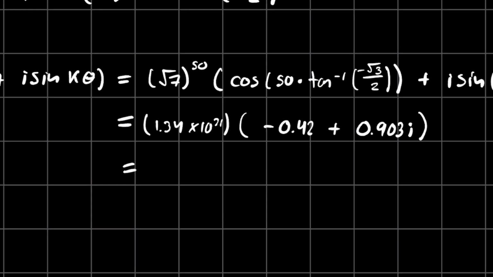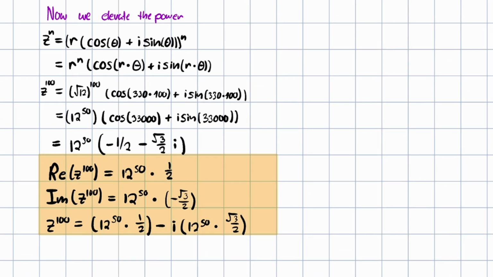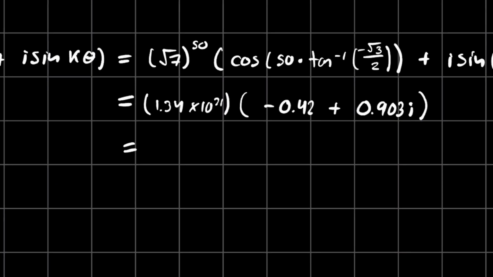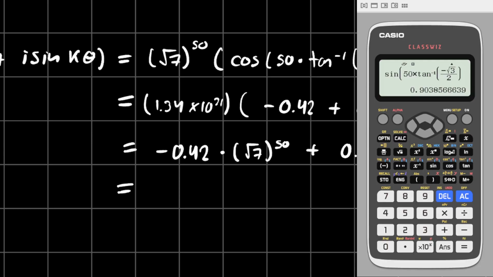So we can simply say that minus 0.42 times square root of 7 to the 50th power plus 0.93i times the square root of 7 to the 50th power. And that's pretty much it. We could multiply it as well, so let's check out what we get.